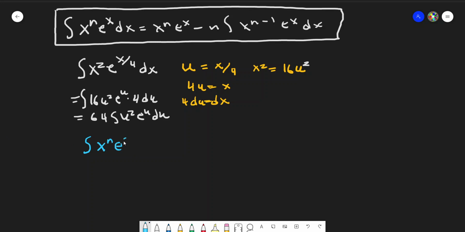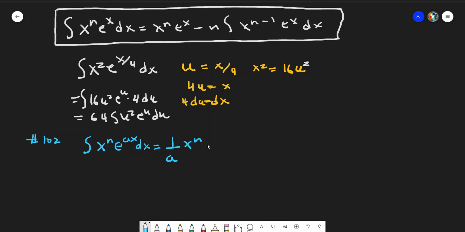So you have the integral of x to the n e to the ax dx, and we refer to this integral as number 102.